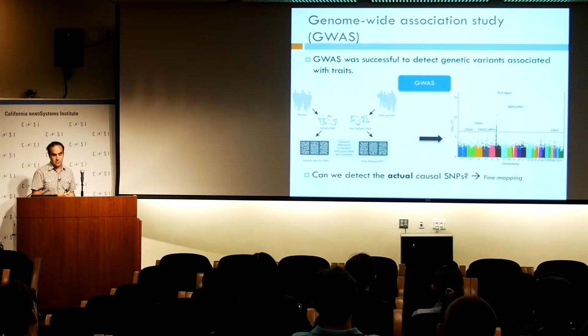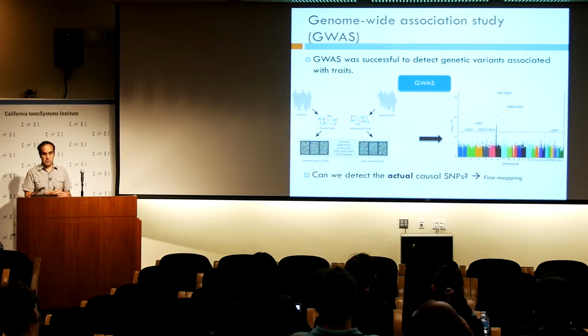If a variant is more common in individuals that have the disease than in individuals that don't, that variant is associated, and the gene that variant is in may be a causal gene in that disease. This technique was applied very successfully over the last 10 years, and literally thousands of variants have been implicated in dozens and dozens of common human diseases. So this is very successful.